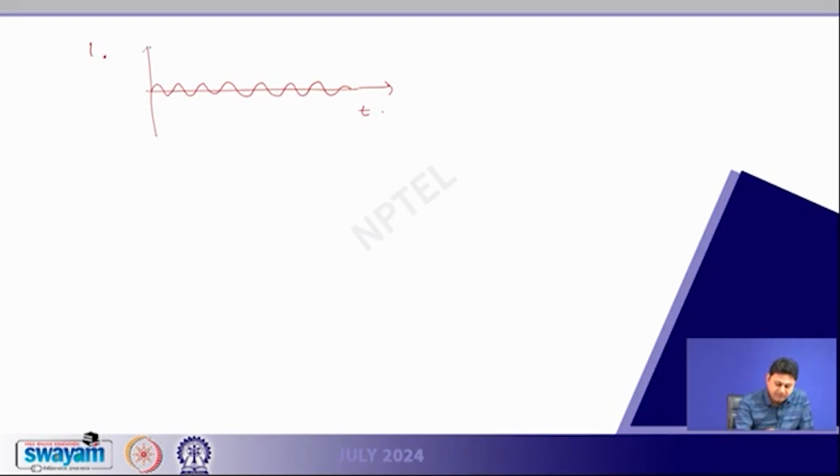Suppose we have a function f(t) that doesn't have any restriction. In the frequency domain, it has a very sharp looking function like this, and this is omega naught. Here g(omega) mathematically is a delta function, delta(omega minus omega naught).